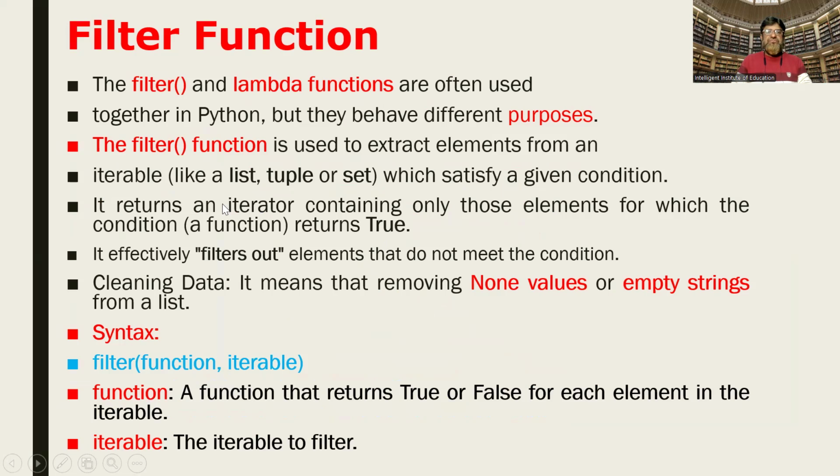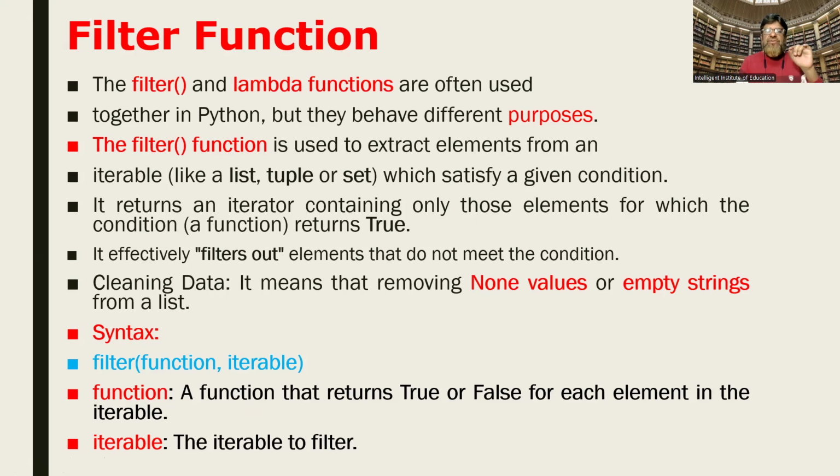Is this clear? Basically, filter and lambda are often used together in a program, but for different purposes. So what is the purpose of the filter function in a programming language? The first purpose is that we use it in data science to clean the data, like None values and empty strings.